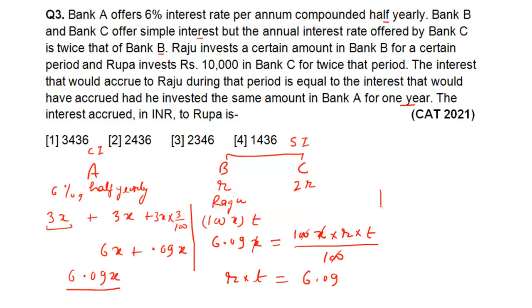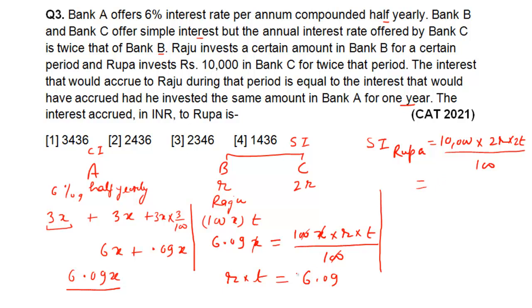Now in the question we have to find the interest accrued to Rupa. The simple interest accrued to Rupa from Bank C will be principal, which is 10,000, multiplied by rate of interest 2r, and time is twice the time, as the question says 10,000 in Bank C for twice that period. So 2r multiplied by 2t, divided by 100.